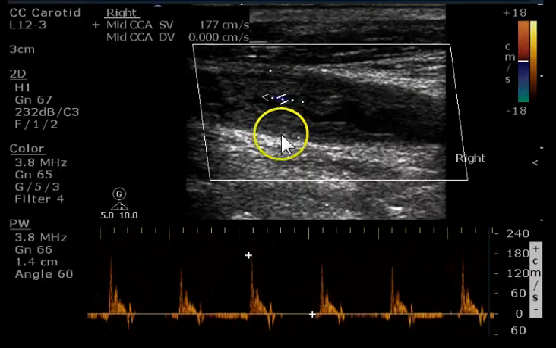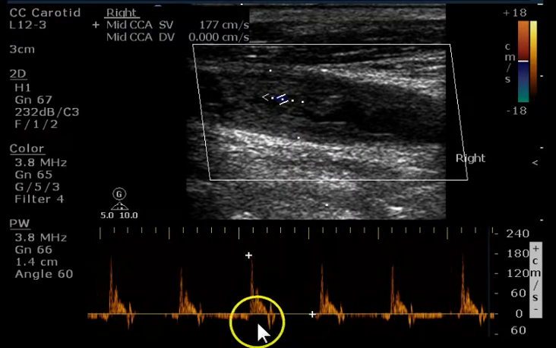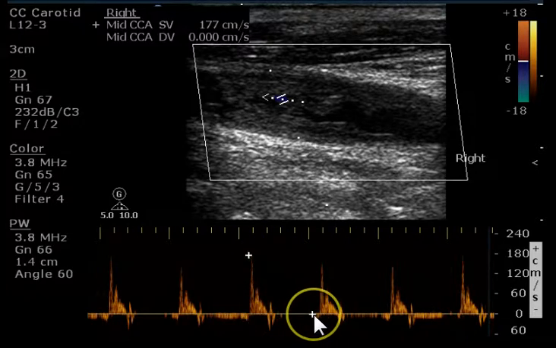Here we have a signal taken through the flow lumen and we get abnormal flow. We see a very shortened systolic event and even some small amount of flow reversal during diastole, certainly no forward flow at all during the diastolic phase. This is highly abnormal.